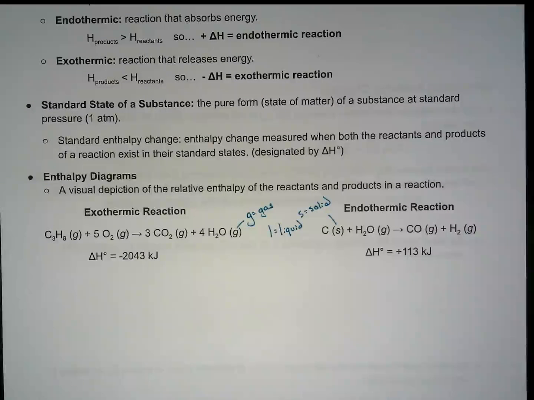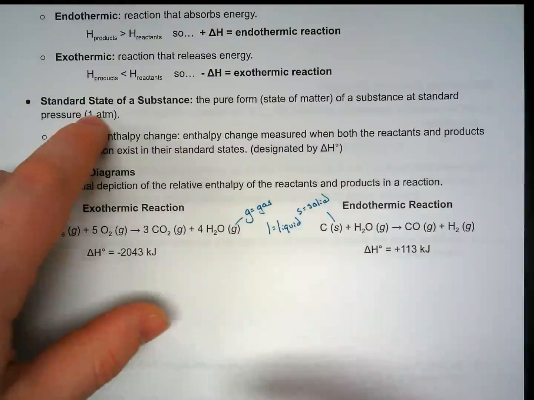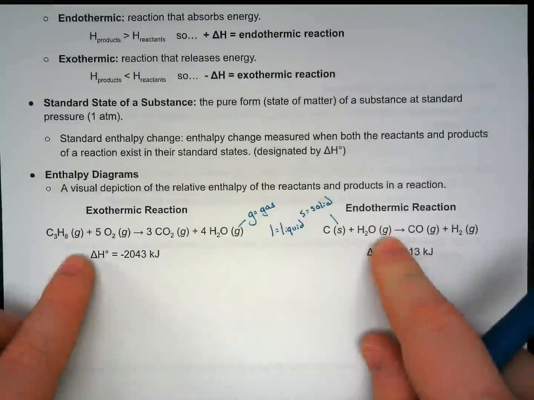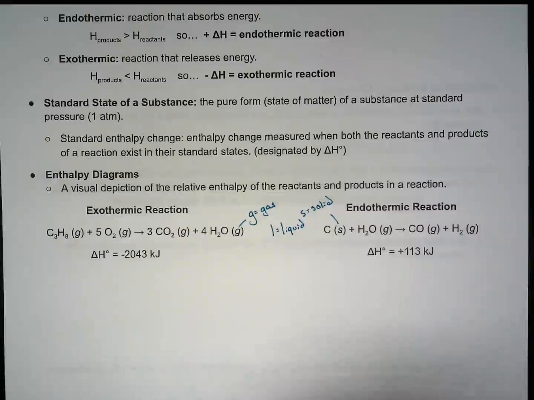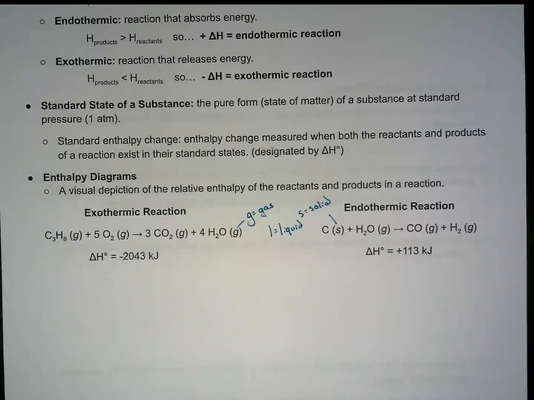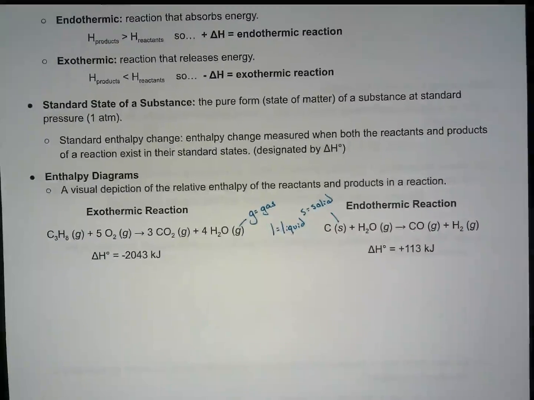This is part of the standard state of the substance. Chemists will write out in parentheses the state of matter the particular chemical is in. We're going to ignore it. It's just there to add a bit more depth and context, and to familiarize yourself with more detailed chemical equations. Okay, for right now.